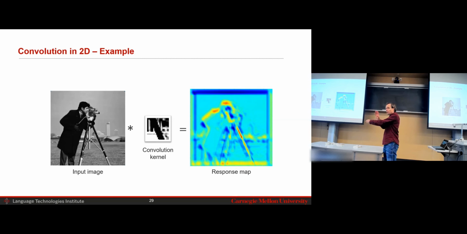Let's say I give it to you, but eventually you will learn it. I just want you to design a neural network that will always, for any image, give me a response map.